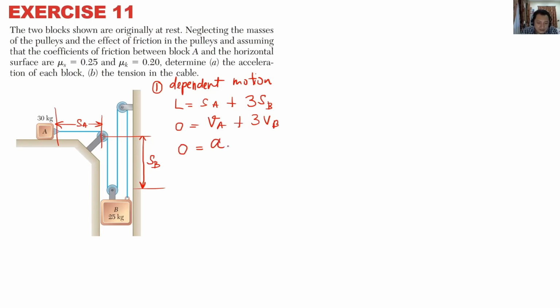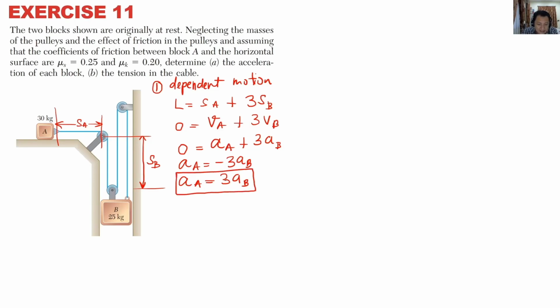So this one is going to be AA plus 3AB. So the relationship is AA is equal to negative 3AB, but again, negative is just showing different direction. So the relationship is AA is equivalent to 3AB.